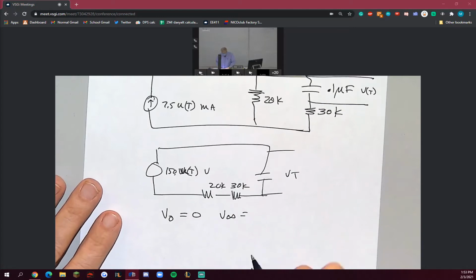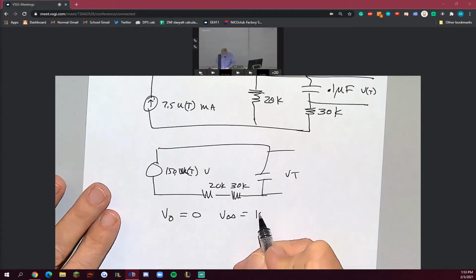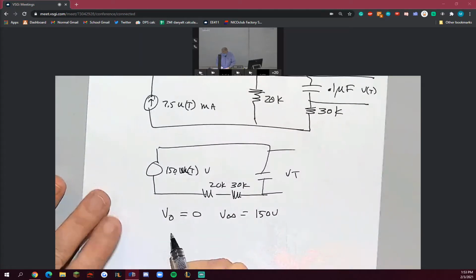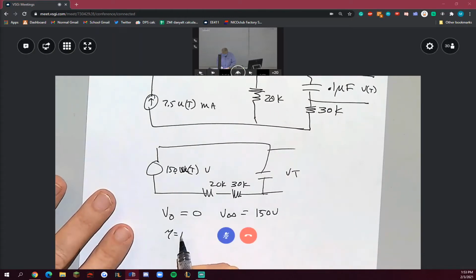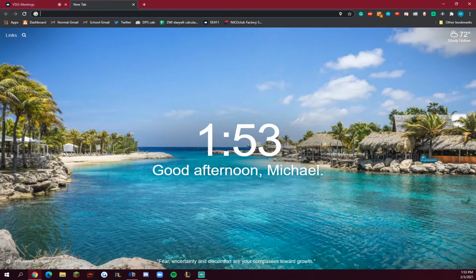So that means V infinity is 150 volts. Now what about tau? Tau is equal to RC, and that's 50K times 0.1 microfarad, and that's equal to 1 over 200.